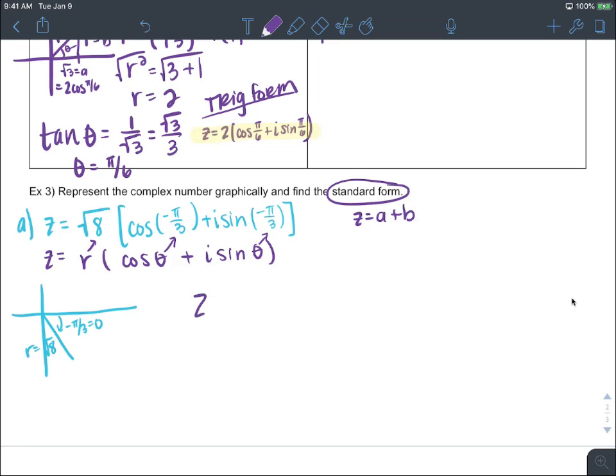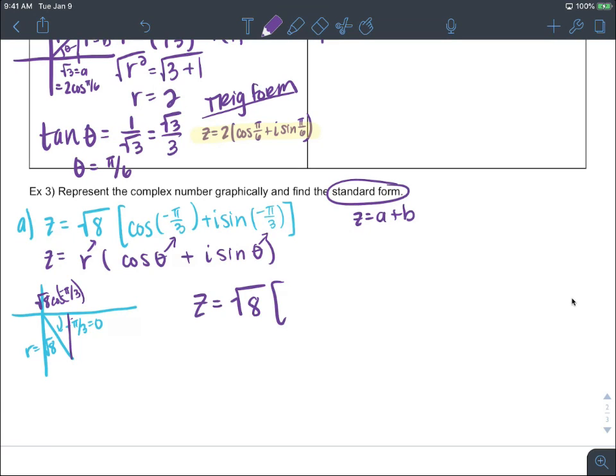So z is equal to the square root of 8 times the cosine of negative pi over 3, which is 1/2. So square root 8 is on the outside.